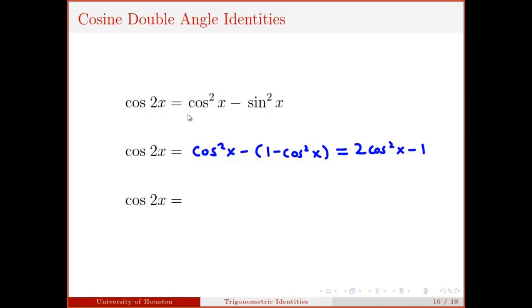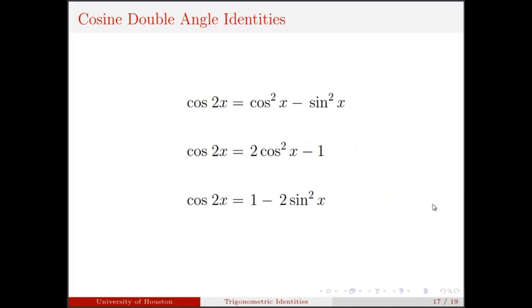Next, if we replace cosine squared x with 1 minus sine squared x, we get cosine 2x equals 1 minus sine squared x minus sine squared x, which equals 1 minus 2 sine squared x. This gives us the following three double angle identities for cosine. Cosine 2x equals cosine squared x minus sine squared x. Cosine 2x equals 2 cosine squared x minus 1. And cosine 2x equals 1 minus 2 sine squared x.